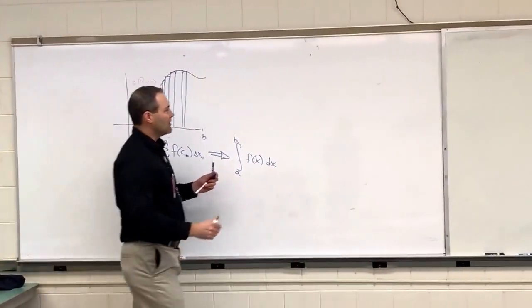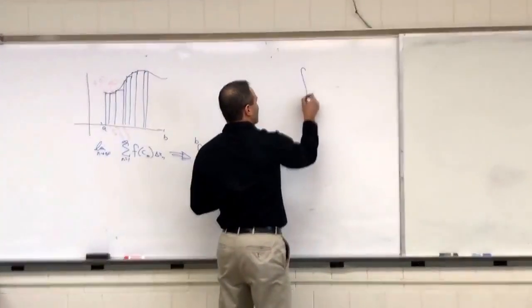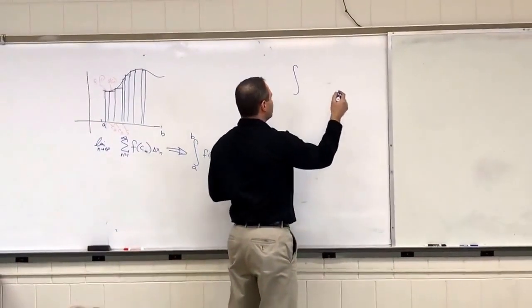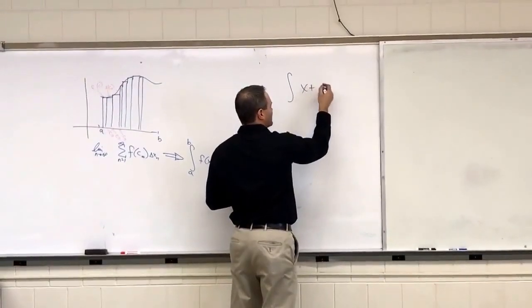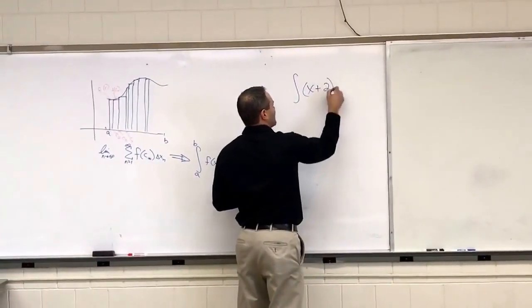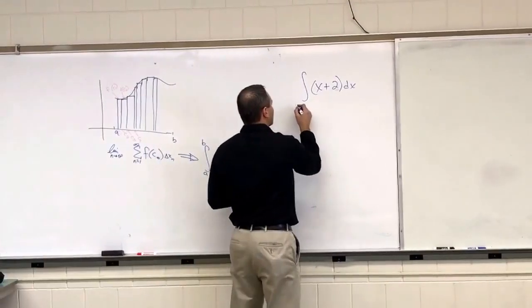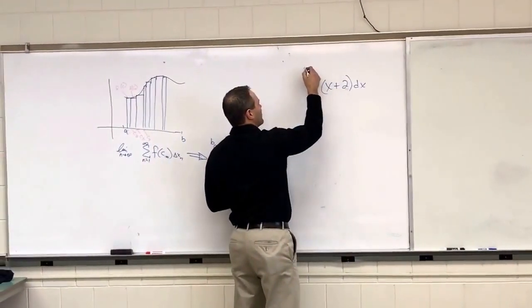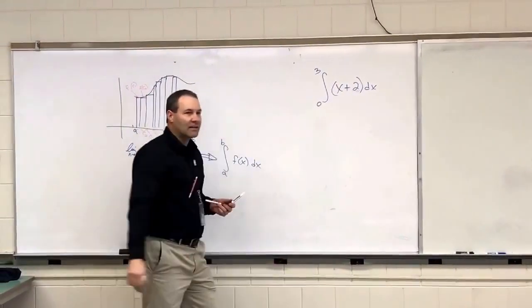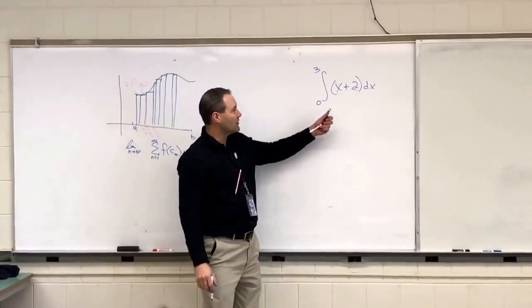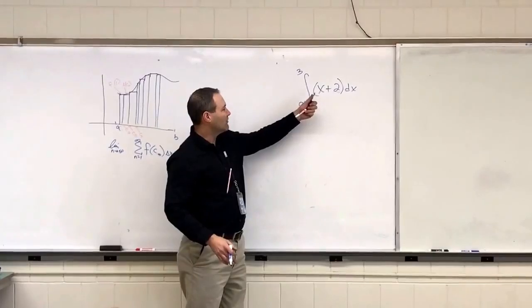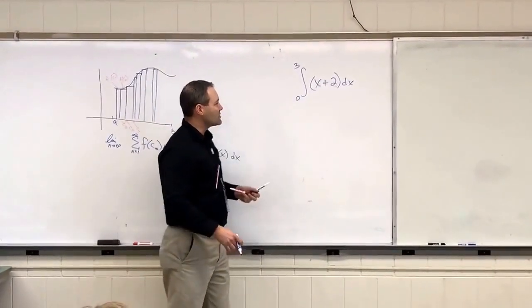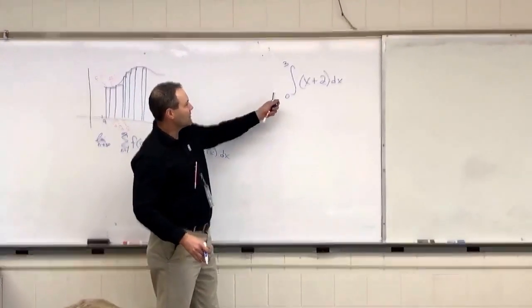Okay, so if you integrate x plus 2 from 0 to 3, we are finding the area between the curve and the x-axis of the line y equals x plus 2, going from 0 to 3.